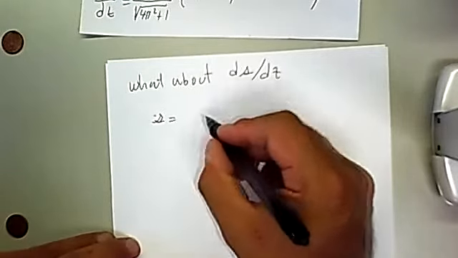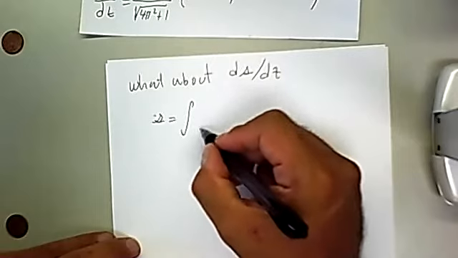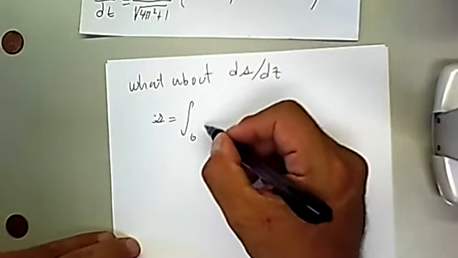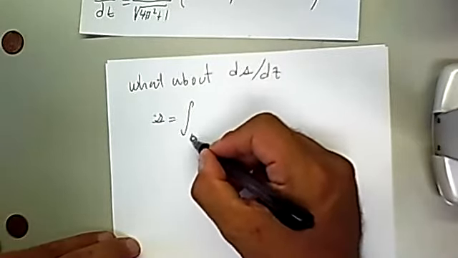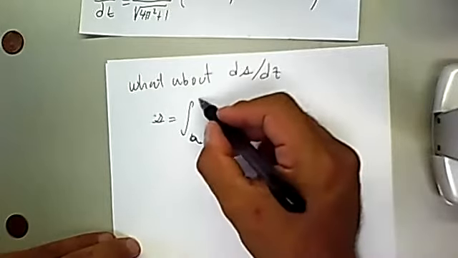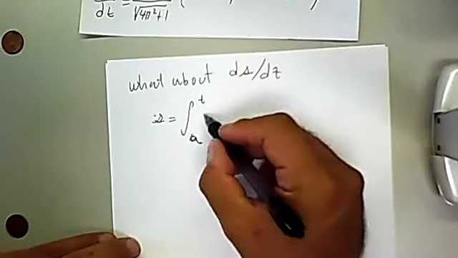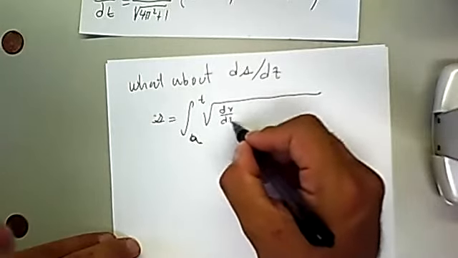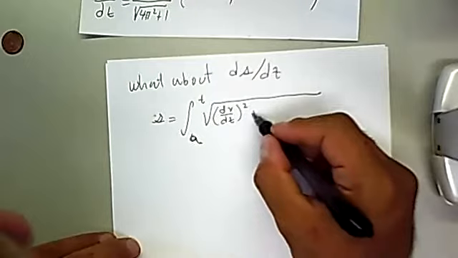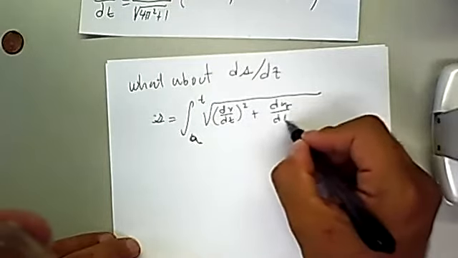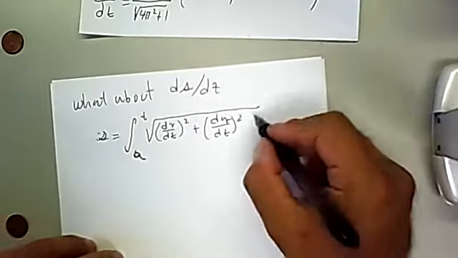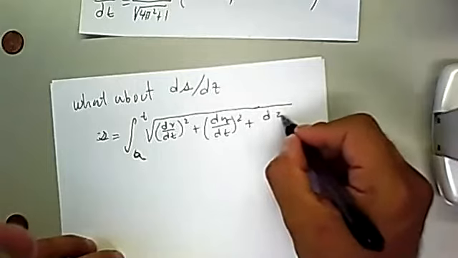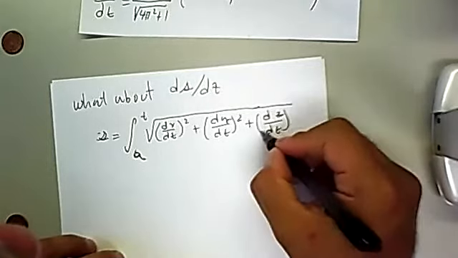As a function of t, it is the integral from some starting point, let's say a, to t of the square root of dx/dt quantity squared plus dy/dt quantity squared plus dz/dt quantity squared.